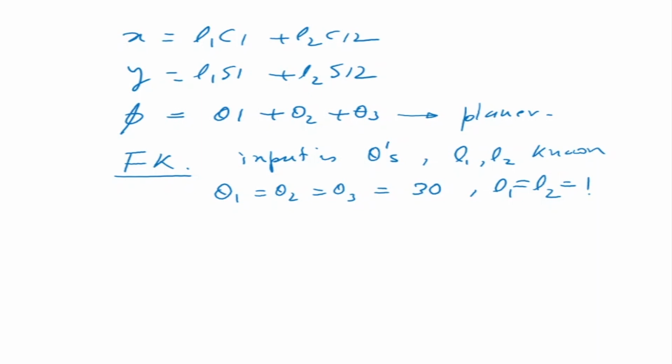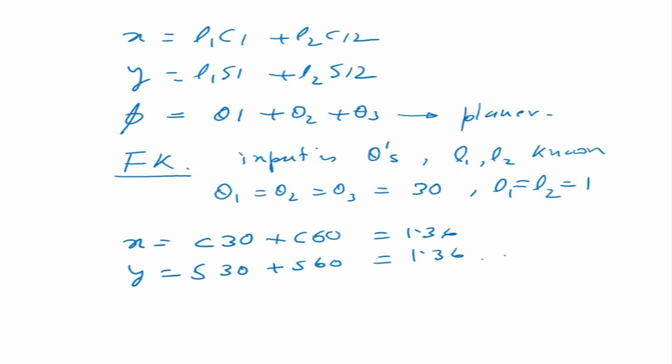In that case, x is equal to cos 30 plus cos 60, and y is equal to sin 30 plus sin 60, which is 1.36 for both. And phi is 30 plus 30 plus 30, which is 90. So this is my forward kinematics problem.